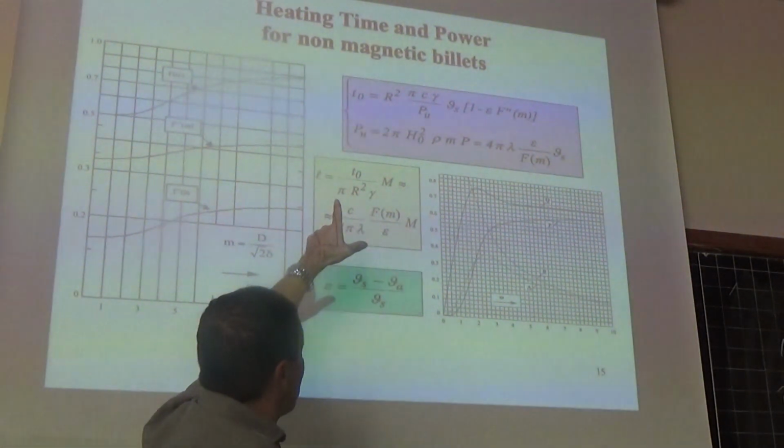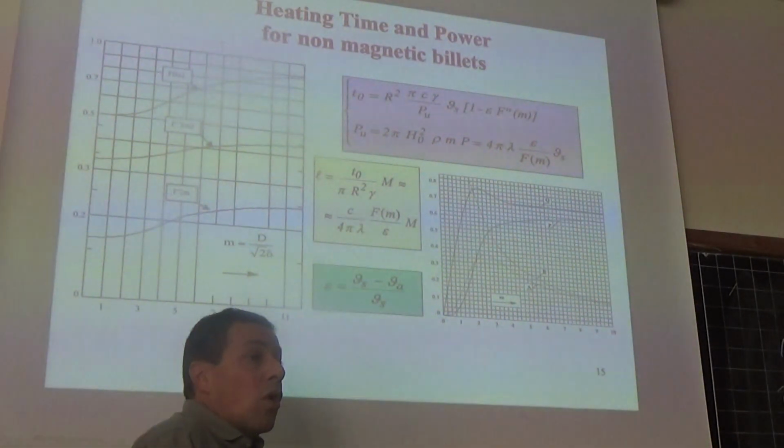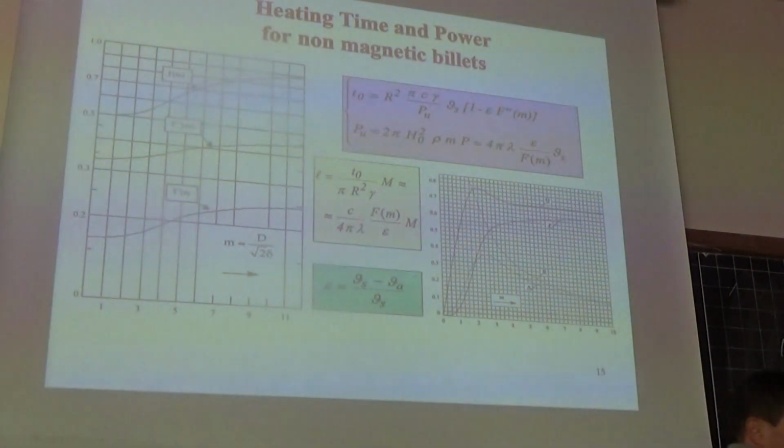The time T0 depends on the square value of the radius and all the thermal parameters, so C is the specific heat, gamma is the density, Q, and Zs, which is the surface temperature, and in this formula, epsilon is a prescribed value, because it's a process parameter.